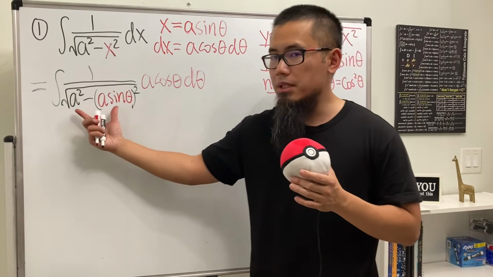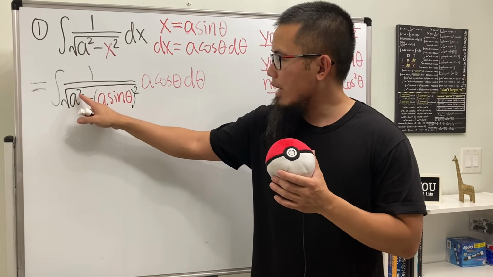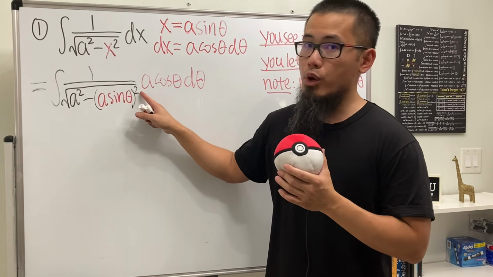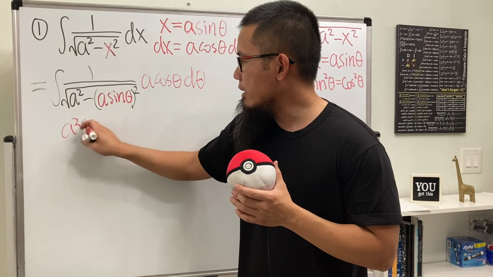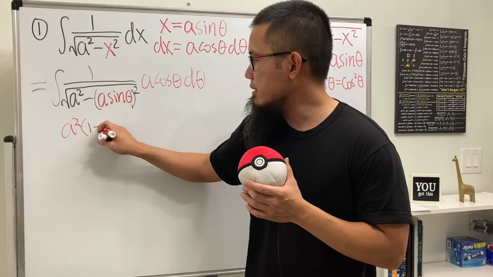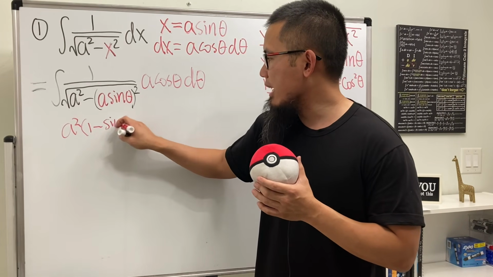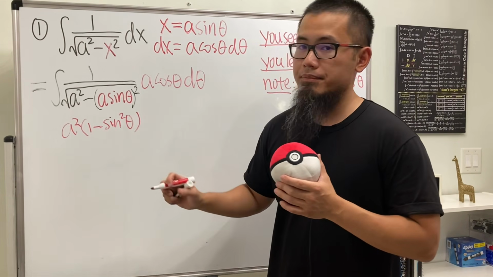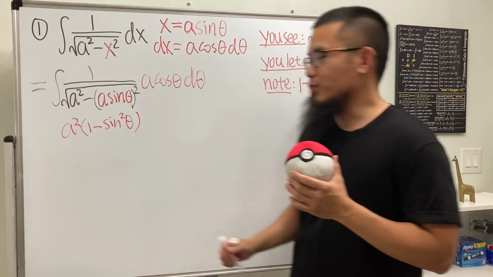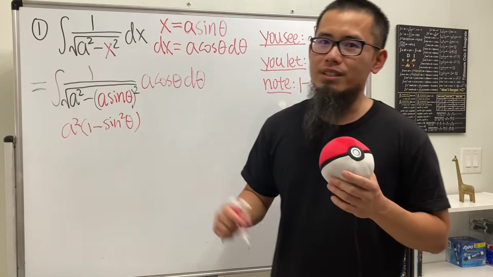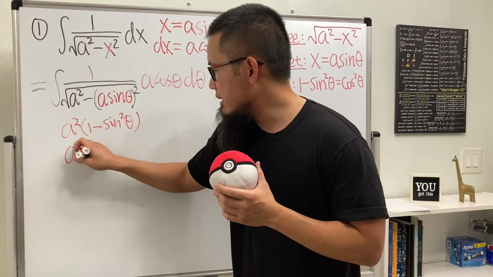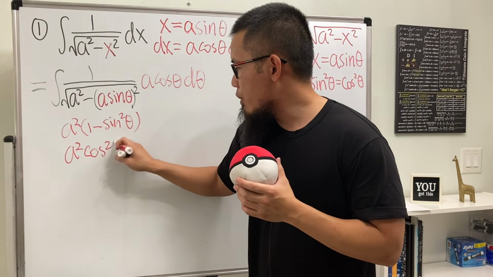And now we can simplify this a little bit. Here we have a squared, and we also have x squared right here. So we can factor that out. A squared, and then we will just have 1 minus sine squared theta. Well, this right here is what I told you. We'll be expecting to use this identity, so we can replace that with cosine squared theta. So this is just a squared times cosine squared theta.